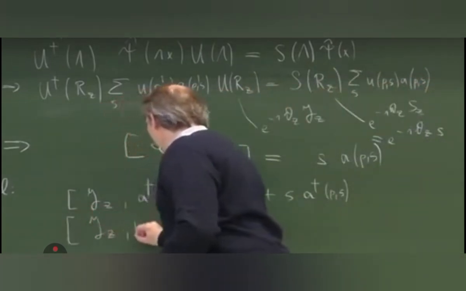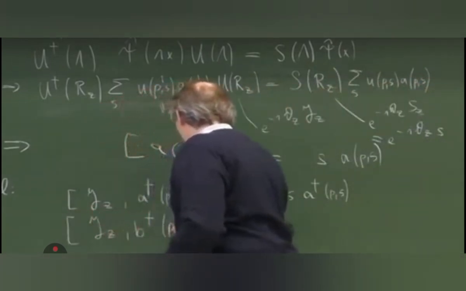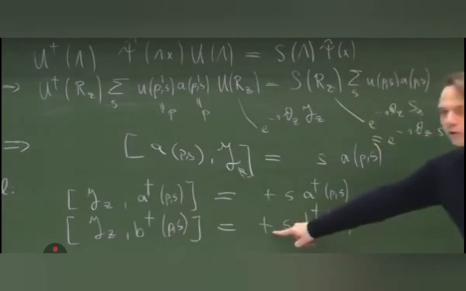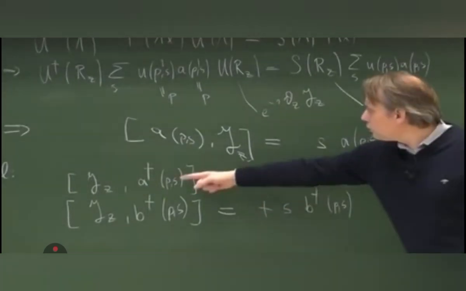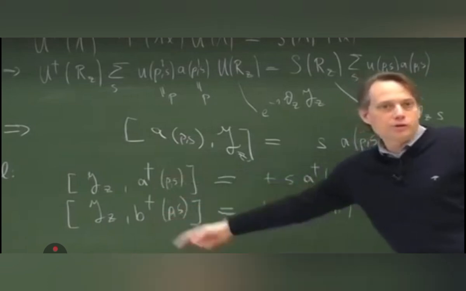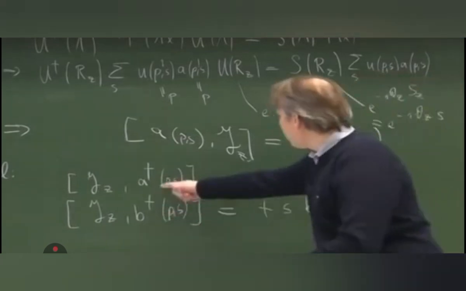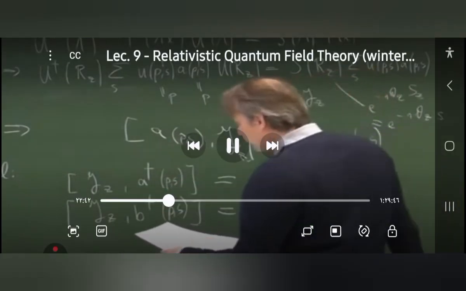And similarly, Jz commutator with B dagger of p comma s also gives plus S times B dagger of p comma s. And here I get a plus because of that choice of the minus here before. The relative plus minus comes because in one of the terms I have A, in the other I have A dagger. And in order to make it uniform, I need the relative minus.